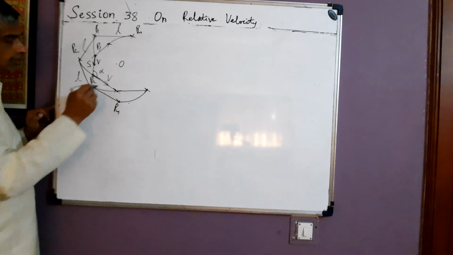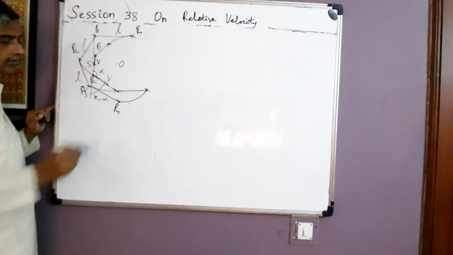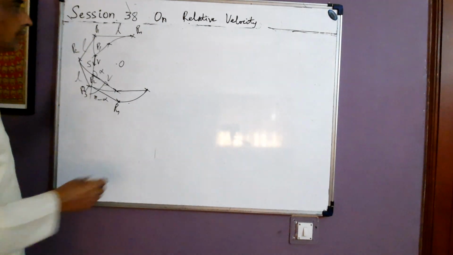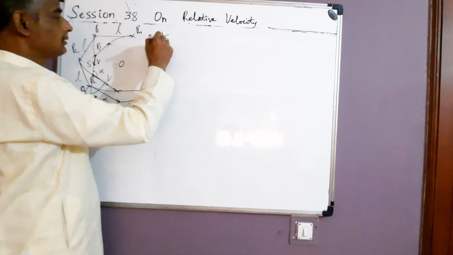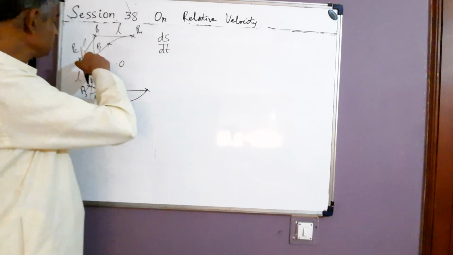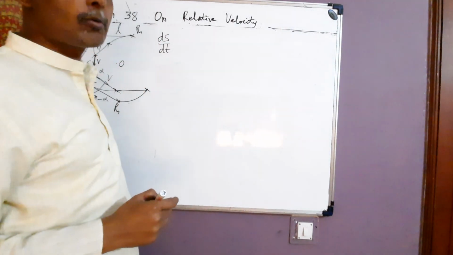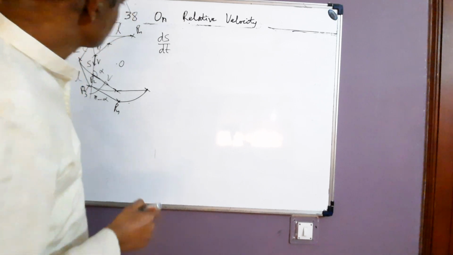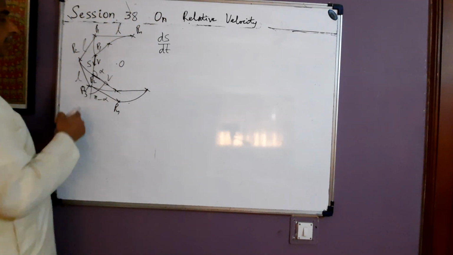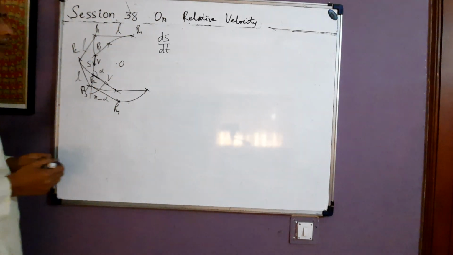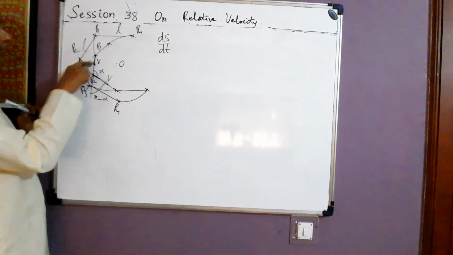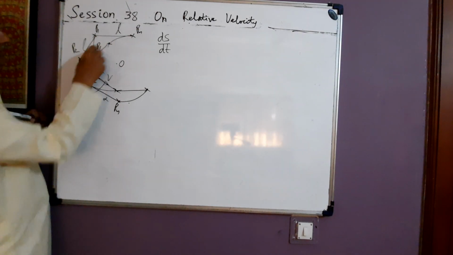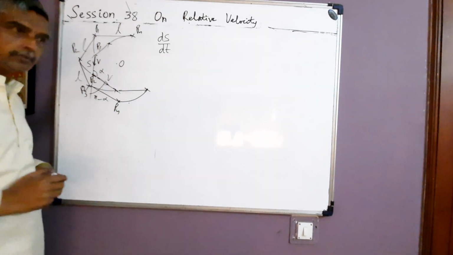So this angle will be equal to pi minus alpha from geometry. Now ds by dt, where s is the distance between two adjacent points at some instant small t after the beginning of motion, is the rate of change of s with respect to t. s is the side length of the regular polygon at time t.